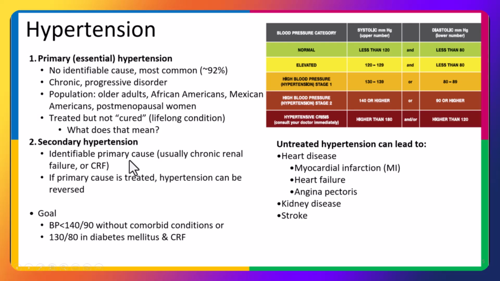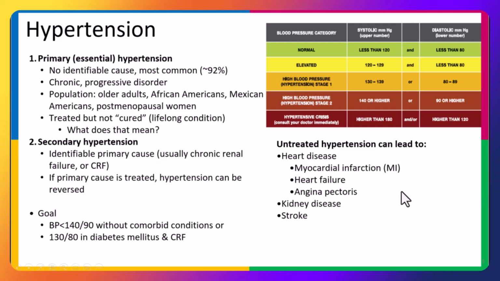The goal of treatment is going to be keeping blood pressure below 140 over 90 millimeters of mercury, or even less if a person has existing conditions, such as diabetes mellitus or chronic renal failure, where it might be advisable to keep it even lower than that.